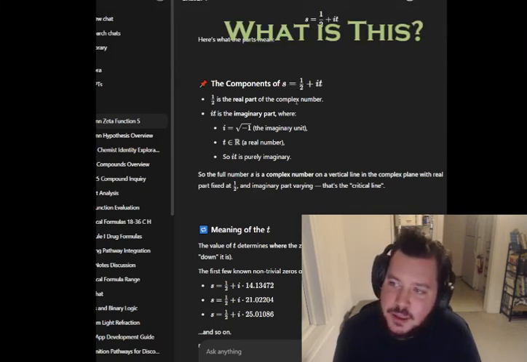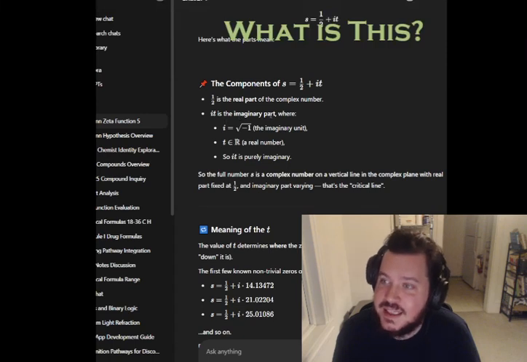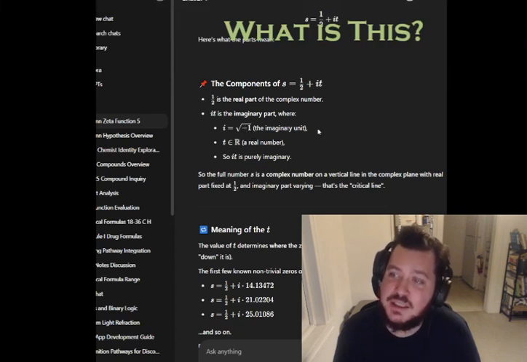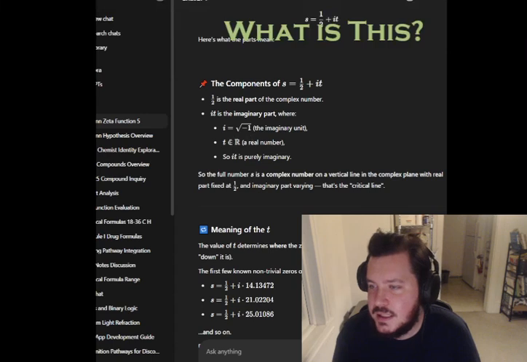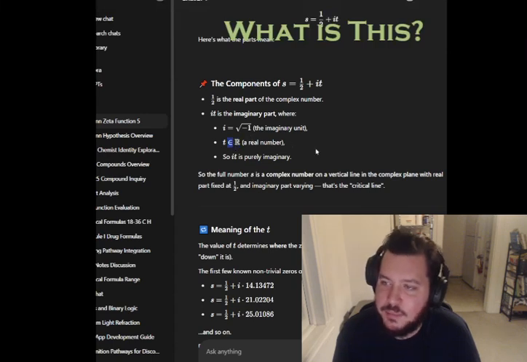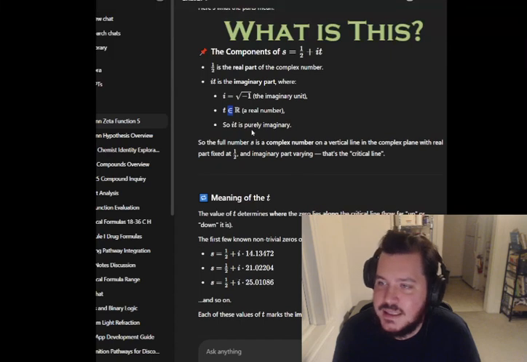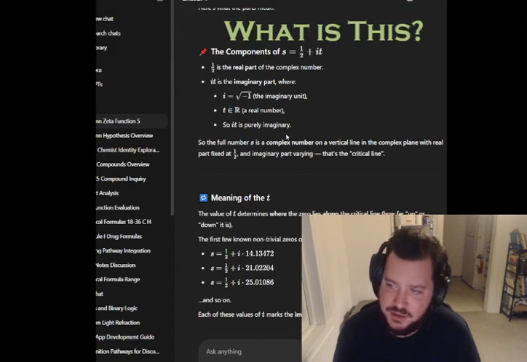Half is the real part of the complex number. i is the imaginary unit, where i equals the square root of -1. T, I don't know what this symbol means, and it's a real number. So it is purely imaginary because it's multiplied by this square root of impossibility.